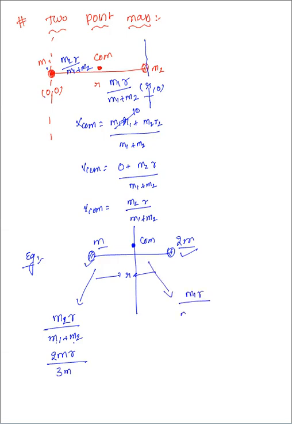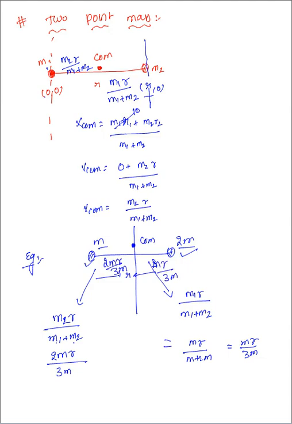So m1 value is mr divided by m plus 2m, that equals mr divided by 3m. So this distance is mr divided by 3m, and this other distance is nothing but 2mr divided by 3m.